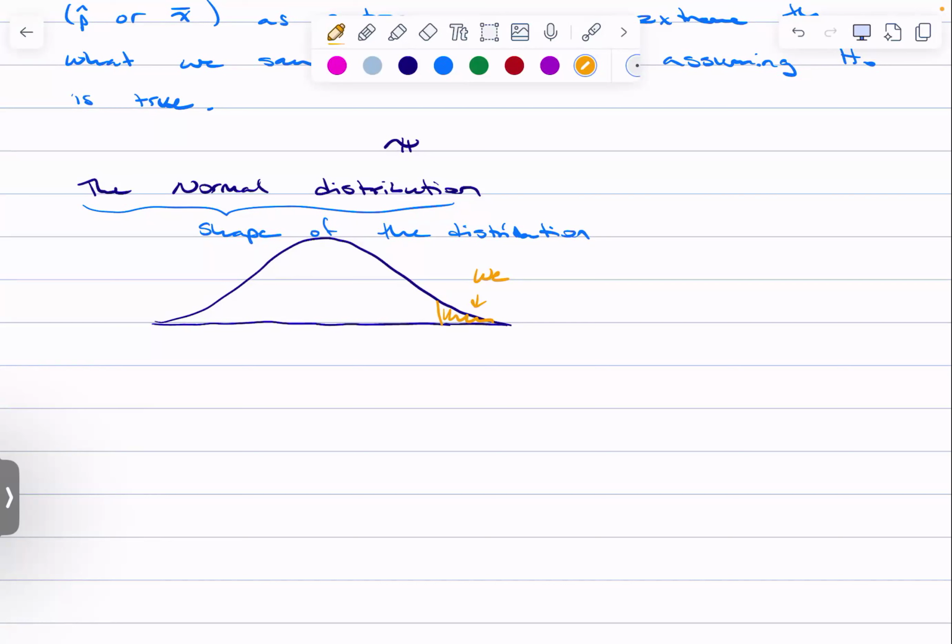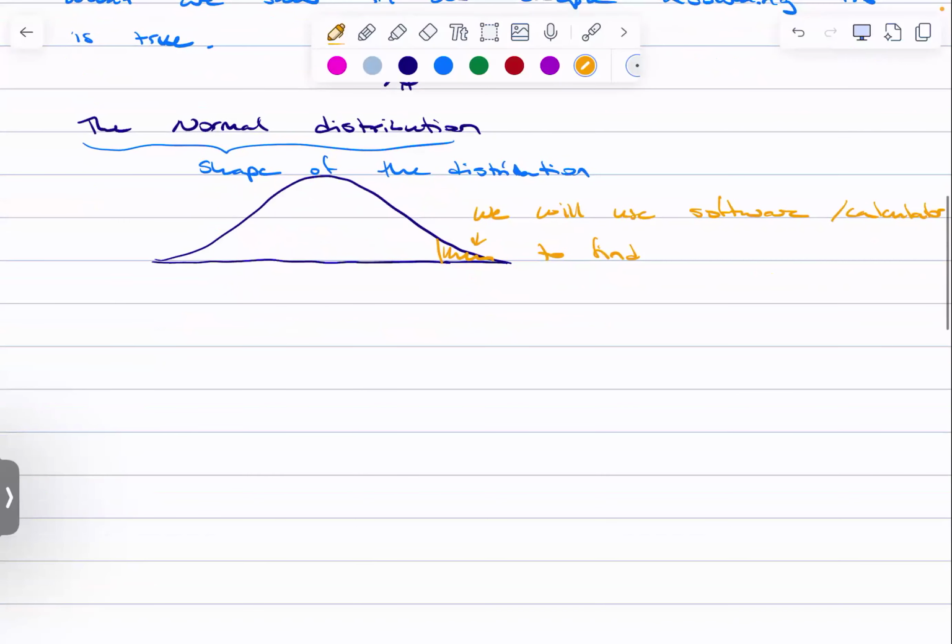Okay. And so we will use software or a calculator to find areas under the curve. And these areas under the curve are probabilities.